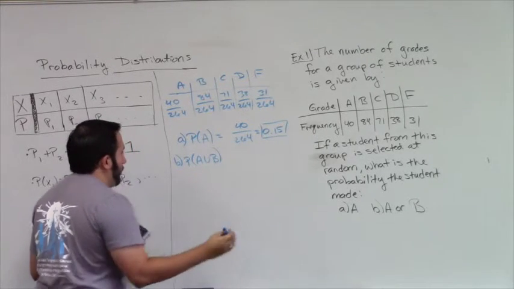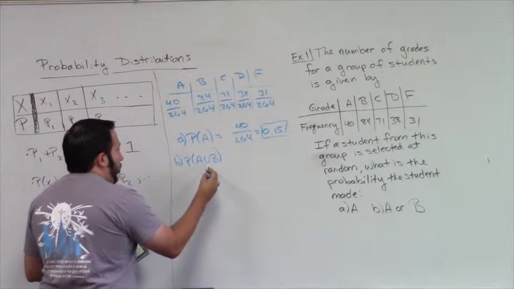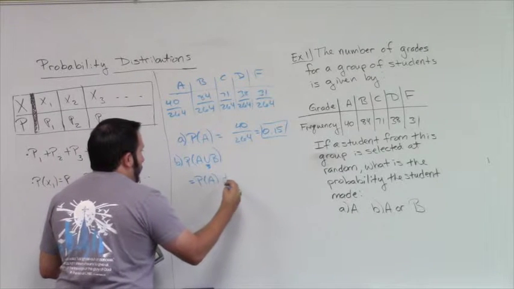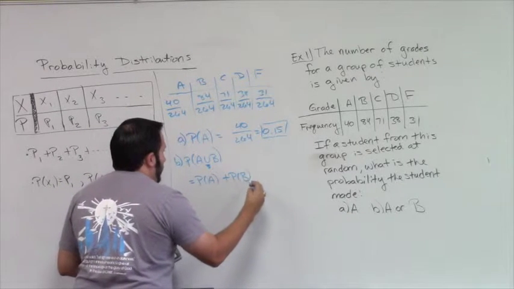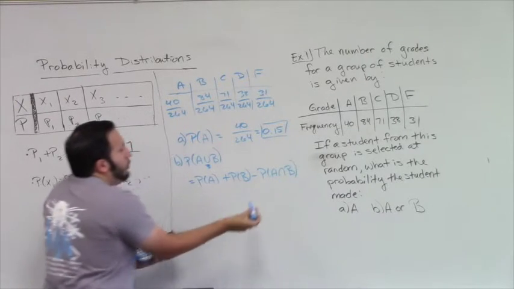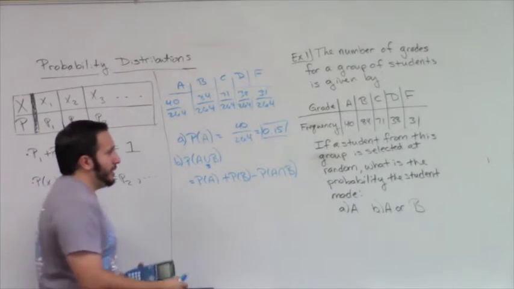And then for part B, what is the probability that he got an A or B? Based on the formula we've been using for the entire semester, whenever you see "or," a union, this is the probability of A plus the probability of B minus the probability of A intersect B. But is it possible to make an A and a B in the same class?